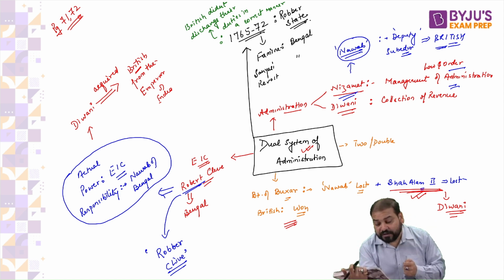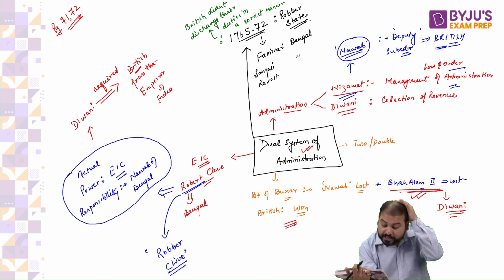Robert Clive says, I shall only say that such a scene of anarchy, confusion, bribery, corruption, and extortion was never seen or heard of in any country but Bengal, nor such and so many fortunes acquired in so unjust and rapacious a manner.